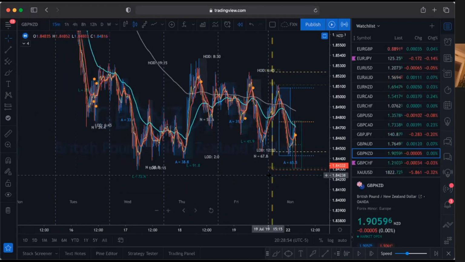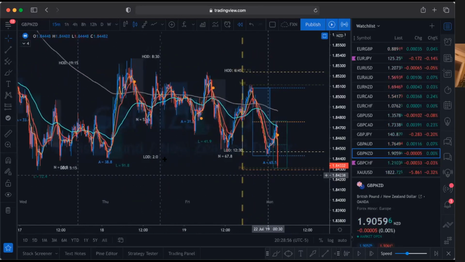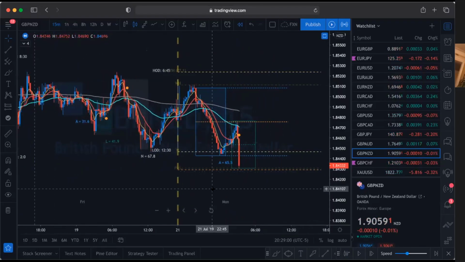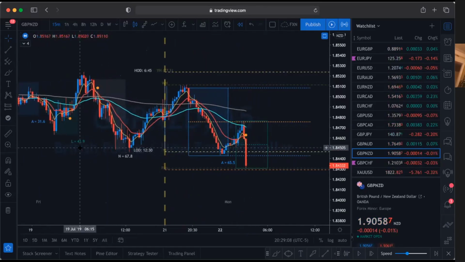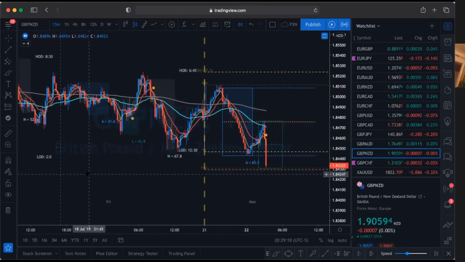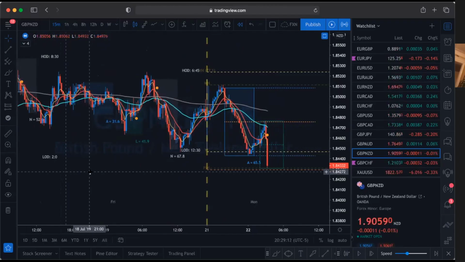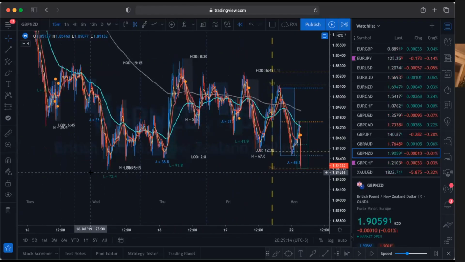All right, so a couple things to notice. We have price just shot down, came up to the middle, and then shot down. Now, another thing that you're going to notice about NZD pairs and AUD pairs is that the pip value is extremely high on those pairs.